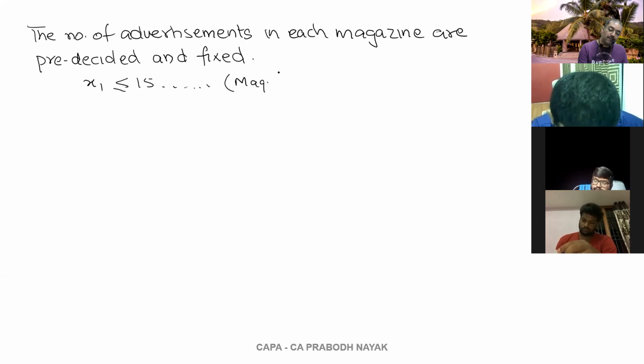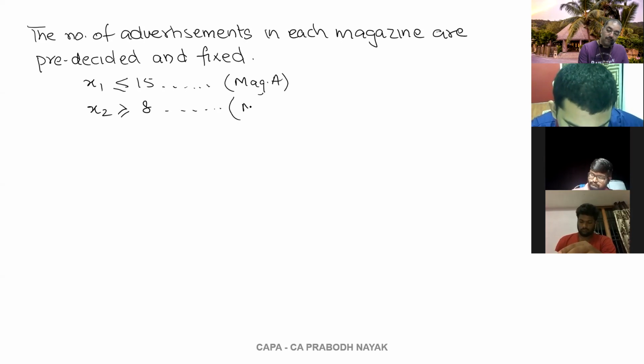Magazine A. X2 should not be more than 8. No, sorry. B and C each get at least 8 advertisements. So X2 is greater than or equal to 8. At least means minimum.